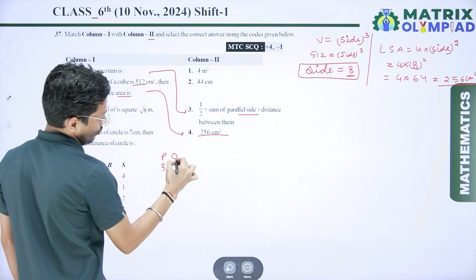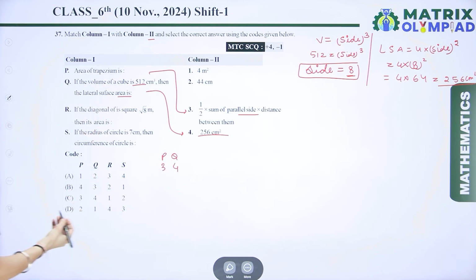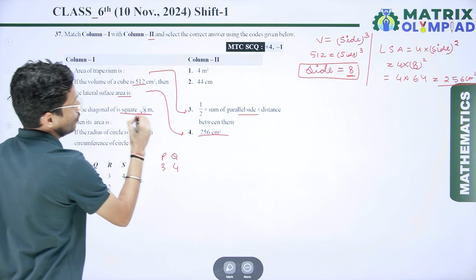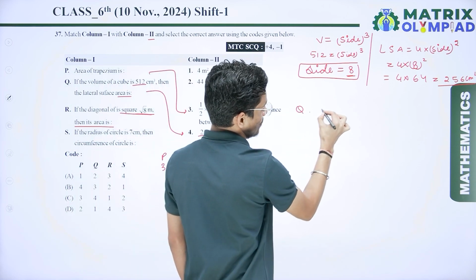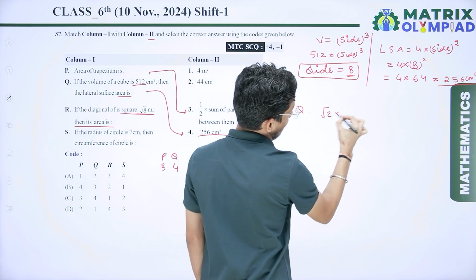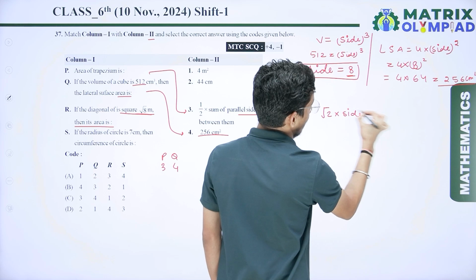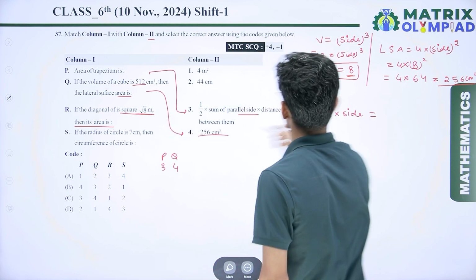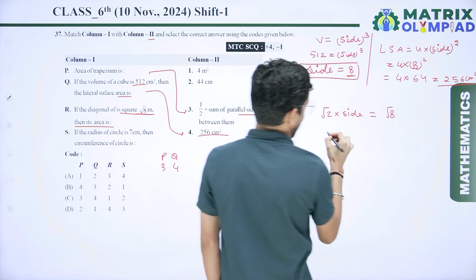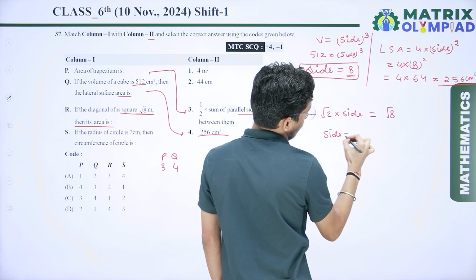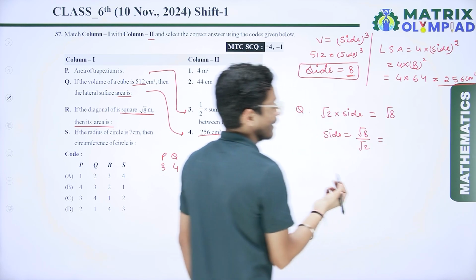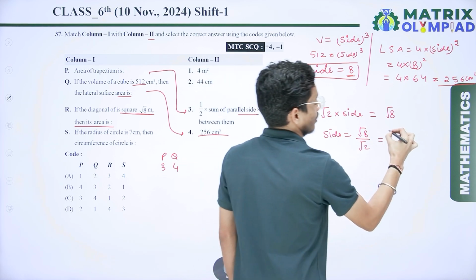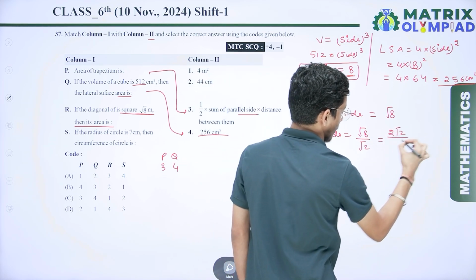So Q is connected to 4 and P is connected to third. Third one, the diagonal of square is under root 8 meter, then its area. So we know diagonal of square is under root 2 multiplied by side, and the value of diagonal of square that is given is under root 8. So I can write here side is equal to under root 8 divided by under root 2. We can write under root 8 in the form of 2 under root 2 divided by under root 2.